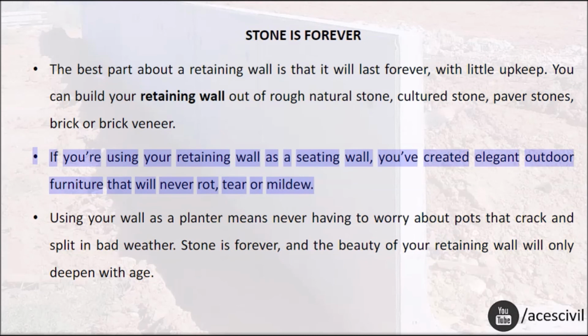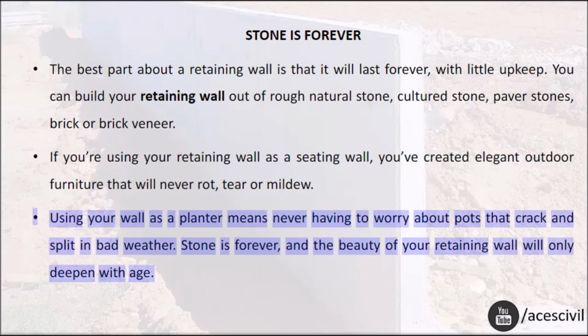If you're using your retaining wall as a seating wall, you've created elegant outdoor furniture that will never rot, tear or mildew. Using your wall as a planter means never having to worry about pots that crack and split in bad weather. Stone is forever, and the beauty of your retaining wall will only deepen with age.